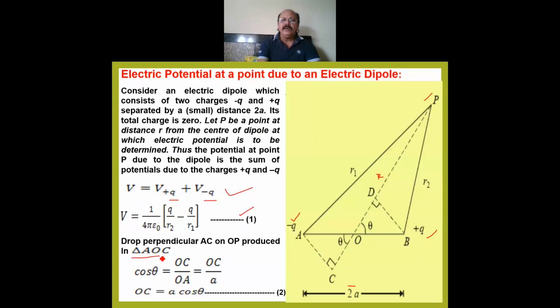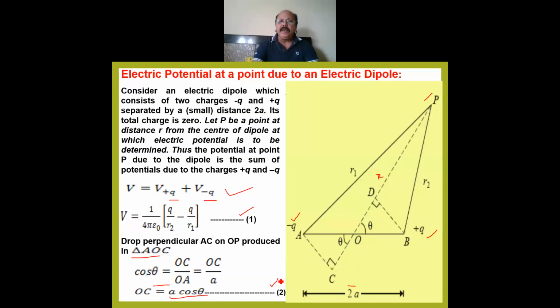Then we take triangle AOC. In this triangle, we calculate cos theta. That is cos theta is OC upon OA, and OA is a. So OC upon a, then OC equals a cos theta. Mark this equation number 2.